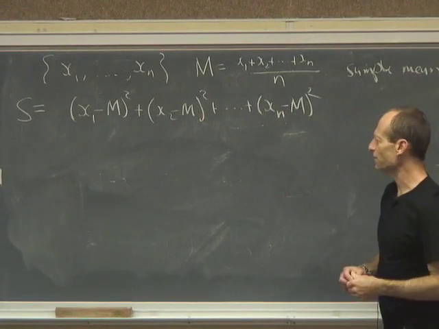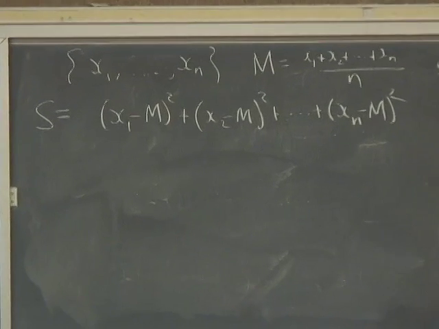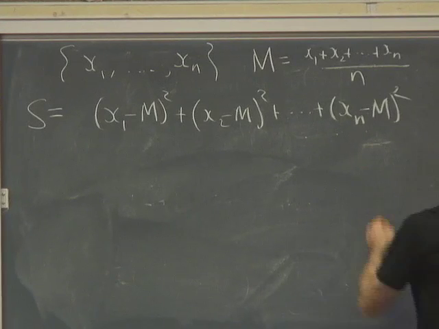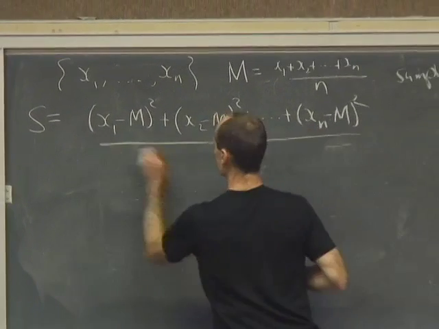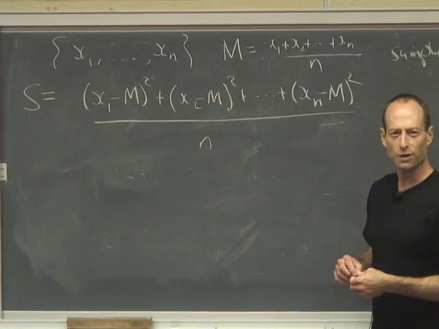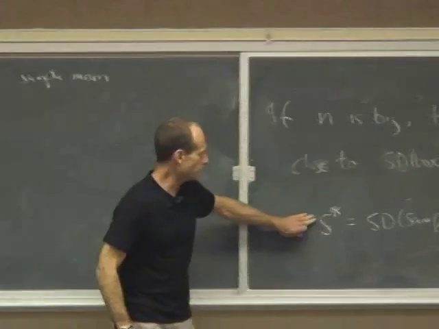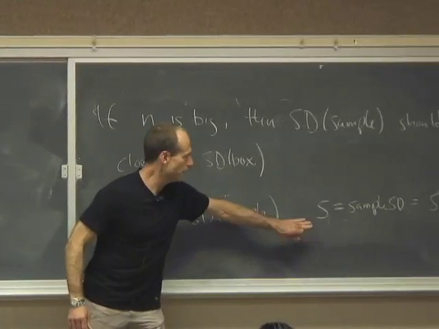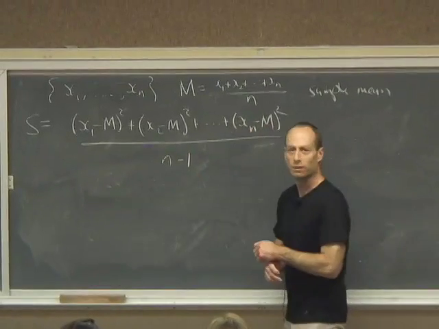Okay, and we want the RMS of the residuals. If we were taking the ordinary SD, we would be dividing this by n, right, to find the mean of the squares, and then we would take the square root of that. The difference between S star and S is that with S, instead of dividing by n, we divide by n minus 1.